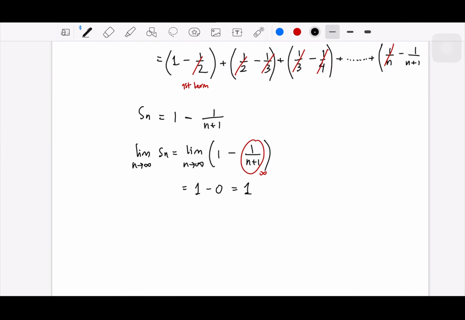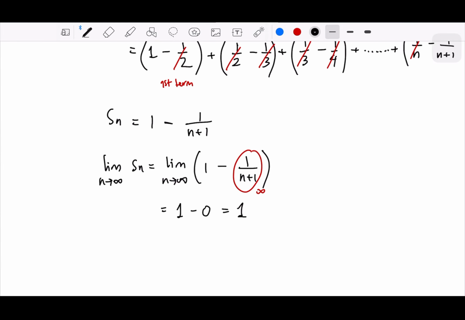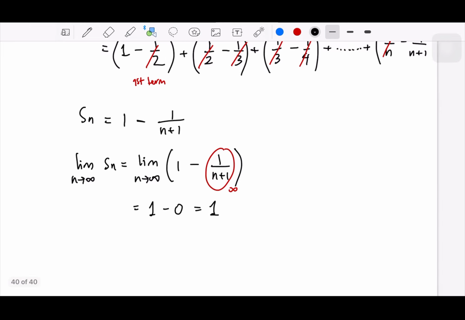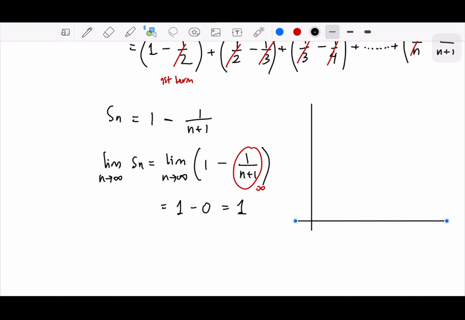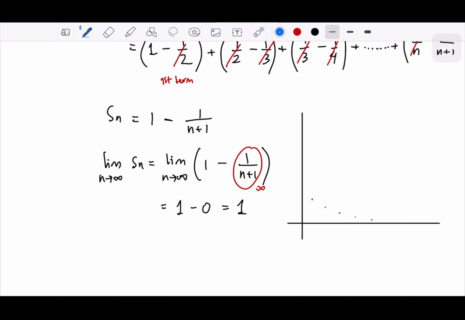Okay, if I try to take this into a graph, the sequence is going down. This is the sequence An.